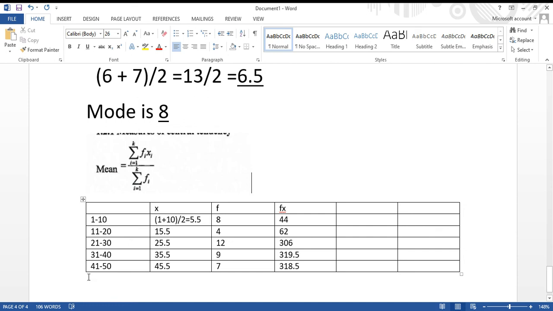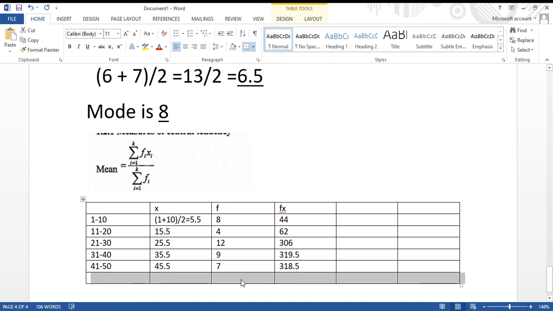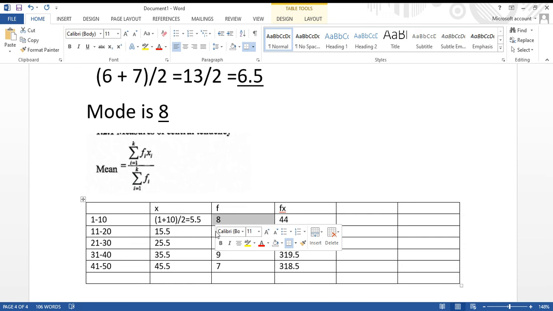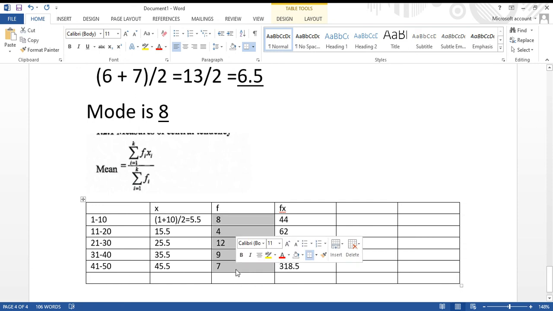So basically what they're telling us to do is find the total value of our frequencies. We say 8 plus 4 plus 12 plus 9 plus 7. We're going to total up these values and find the total for frequency.